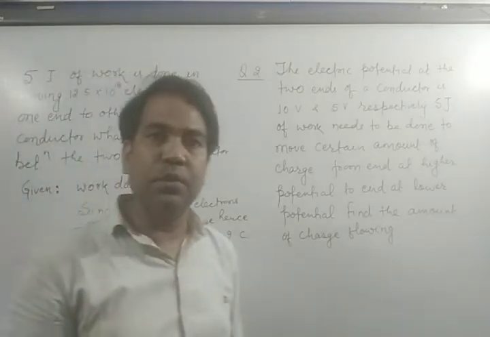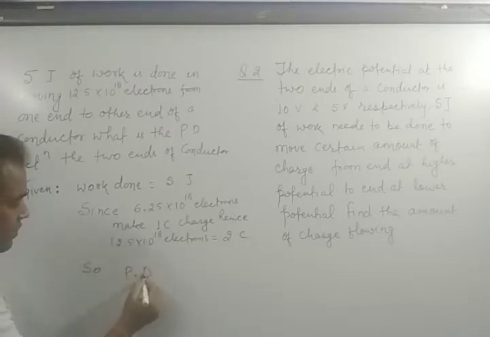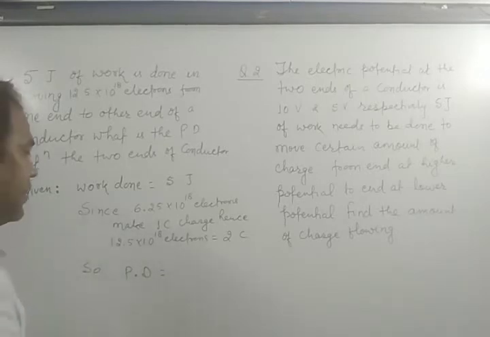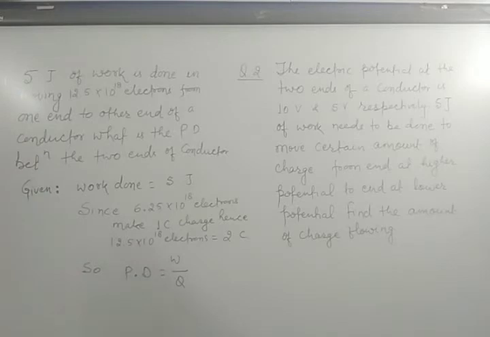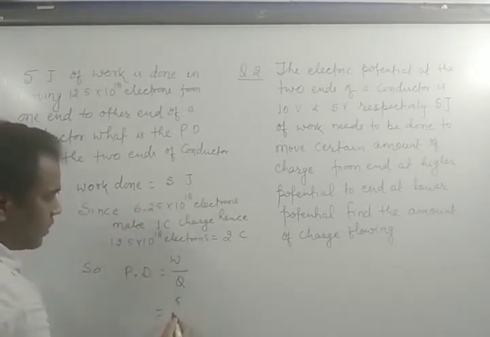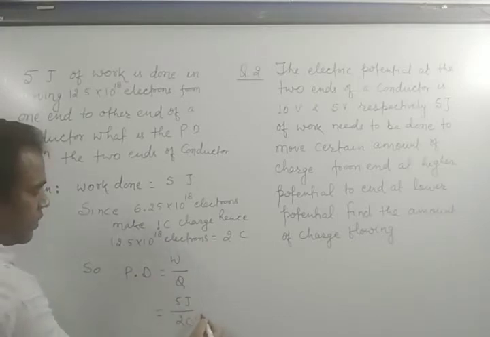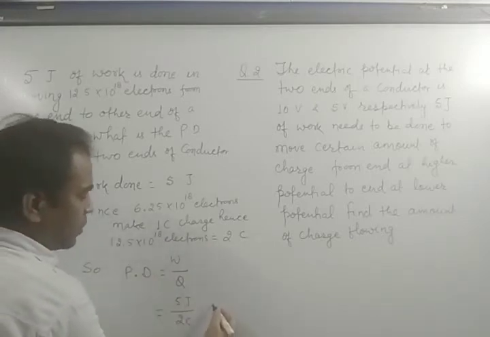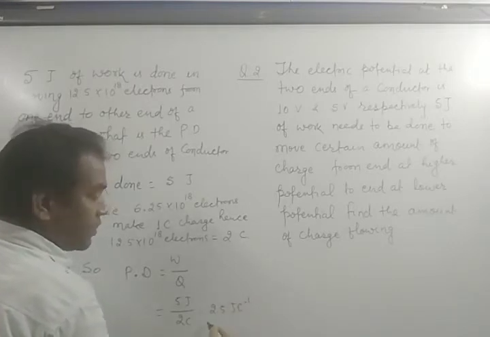So now we can find the value of potential difference. Potential difference is equal to W by Q. W is 5 joule, Q is 2 coulomb. That means 5 by 2, 2.5 joule per coulomb.